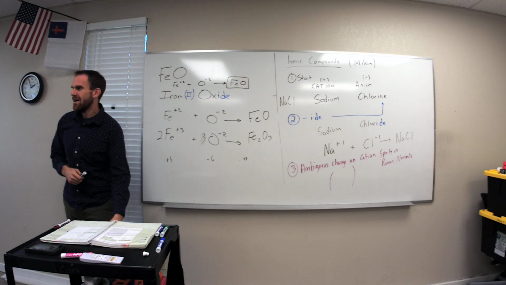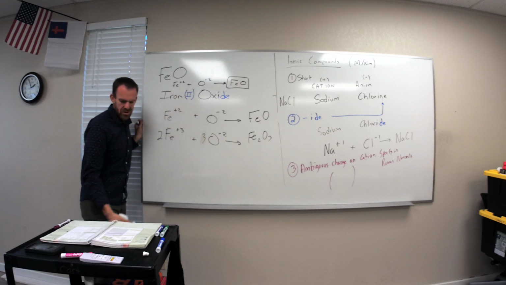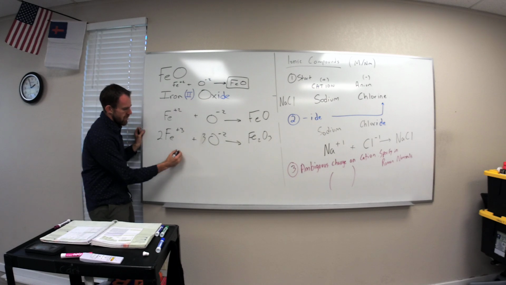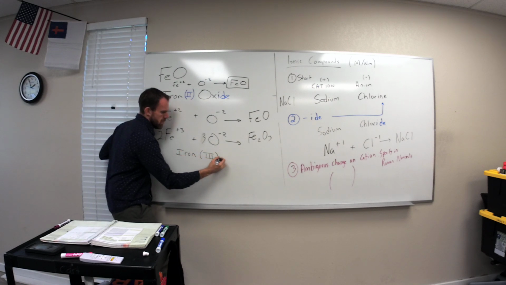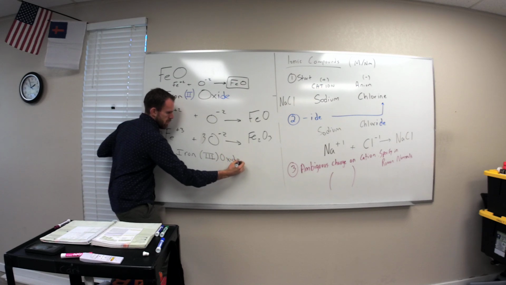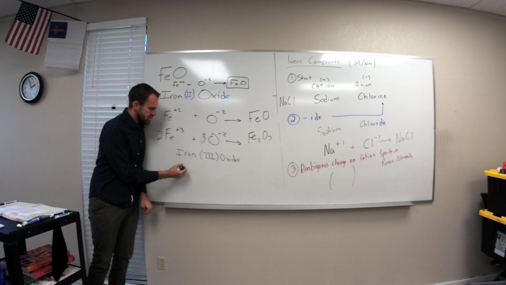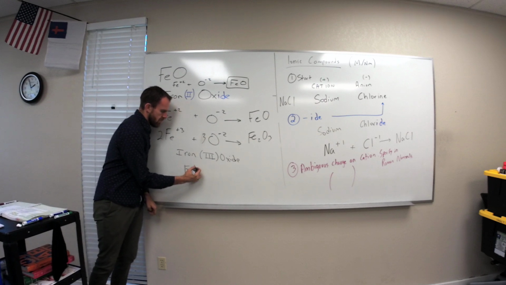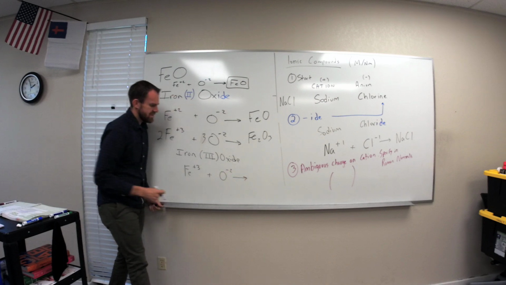But if I said iron 3 oxide, and knowing me I'll probably go for that because it's more difficult, you would know that iron is taking a +3 charge and mixing with oxygen, which is a -2.